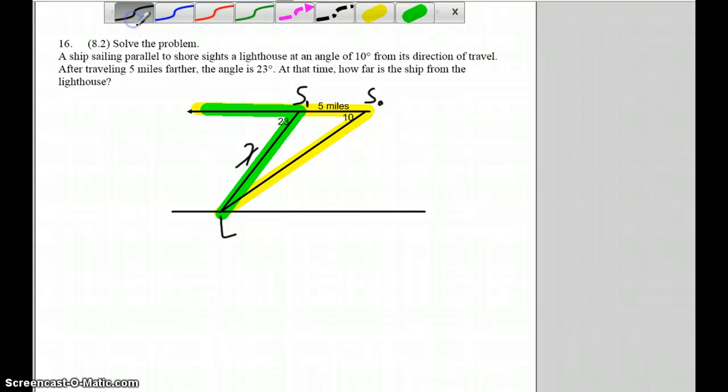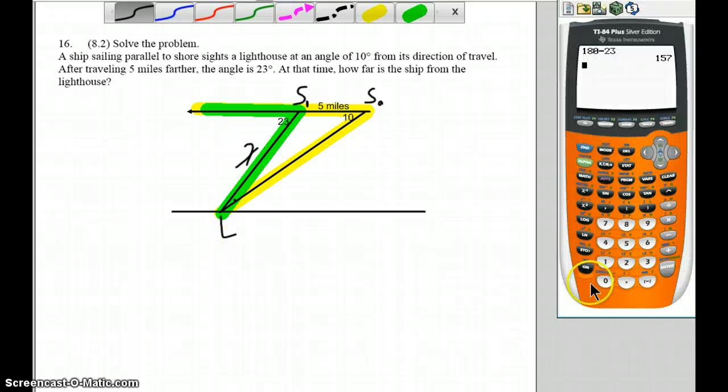We also need to know the measure of the angle here at this point inside the triangle, and of course we get that by adding the two interior angles and subtracting those from 180.